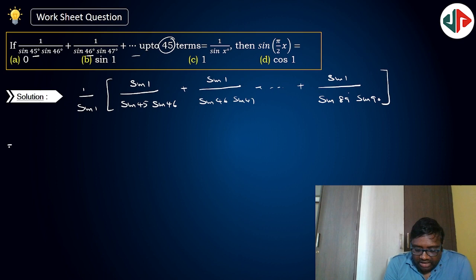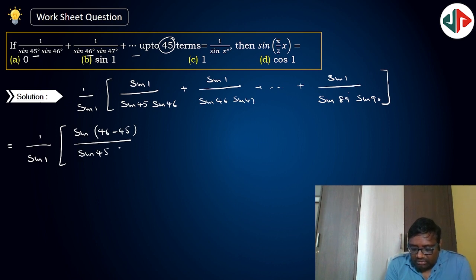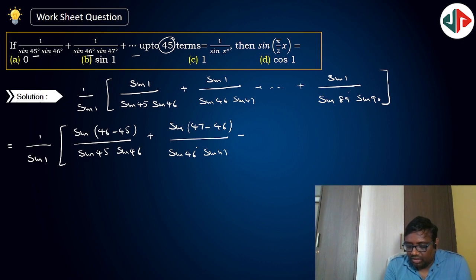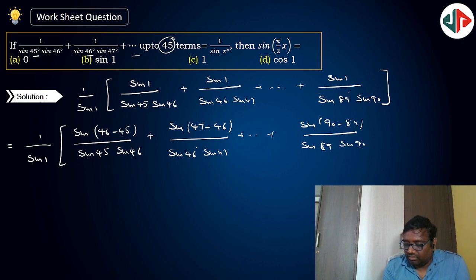Now this can be rewritten as 1 by sine 1, where sine 1 we can rewrite as sine (46 minus 45) by sine 45 into sine 46, plus sine (47 minus 46) by sine 46 into sine 47, plus so on. The last one can be rewritten as sine (90 minus 89) by sine 89 into sine 90.